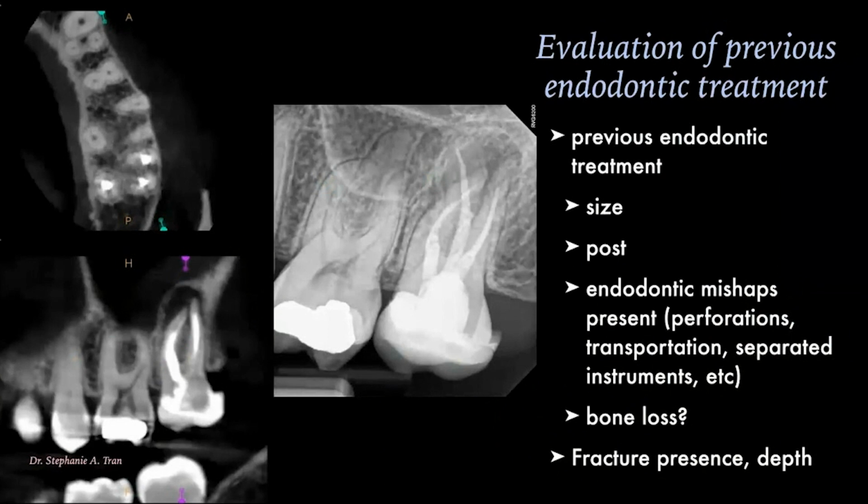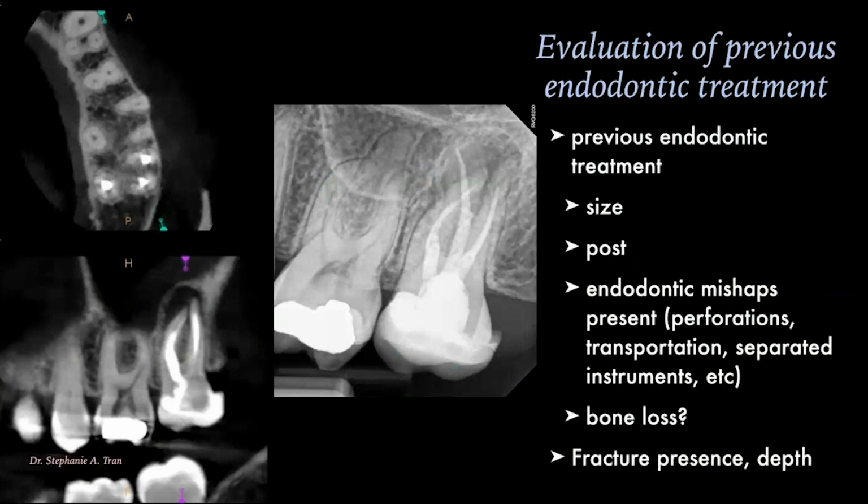And when we're evaluating previous root canal treatment, we can also see exactly where the previous root canal treatment had issues. We can see where it starts and ends. We can see how much tooth structure is remaining and what kind of mishaps may have occurred. This is why it's very, very helpful to take a CBCT prior to considering a retreatment, because why are we doing a retreatment?